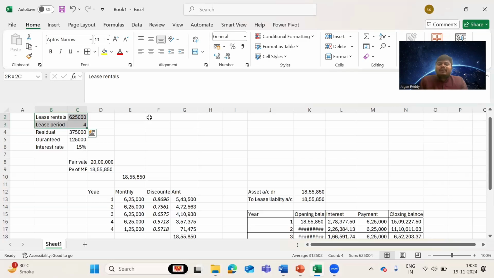So use my format. First one is year, next is opening balance, next is interest, next is the payment, last one is closing balance. If you use this, in the last year the closing balance should come to zero. If there is some difference of 100 rupees or 200 rupees, it is a rounding difference.